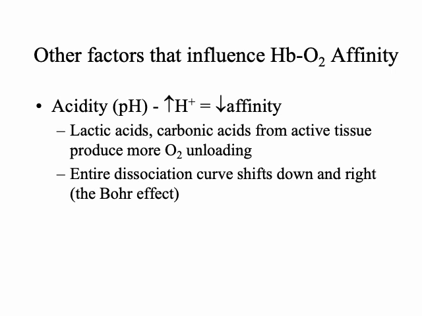Okay, let's look at some other factors. What else affects binding affinity of hemoglobin to oxygen? Well, one is acidity. And where your body produces acid is the same as the tissues just being metabolically active. So one of the things you know from muscle is that when it doesn't have oxygen, it produces lactic acid.